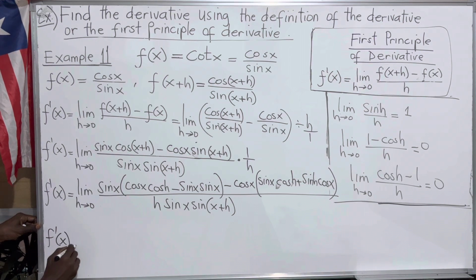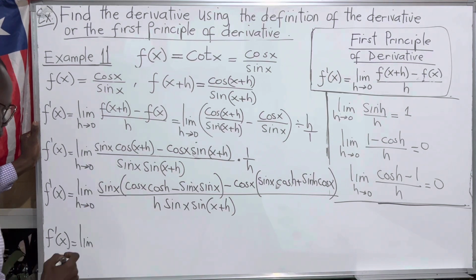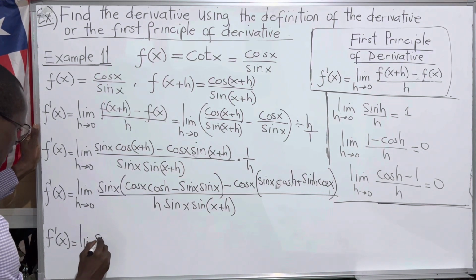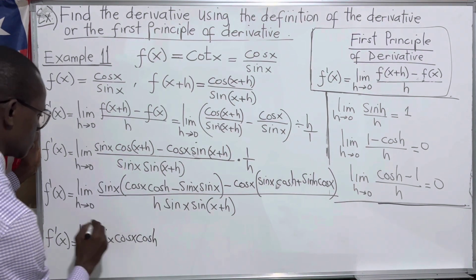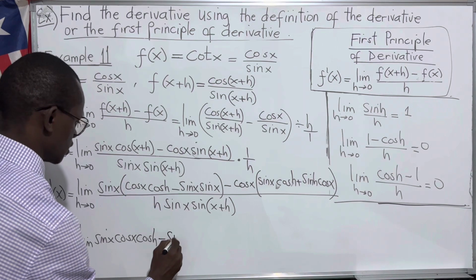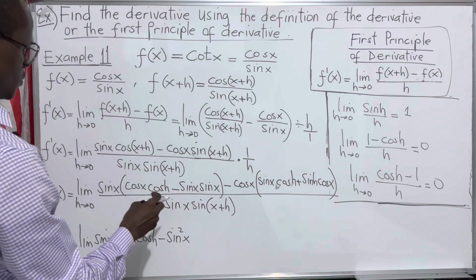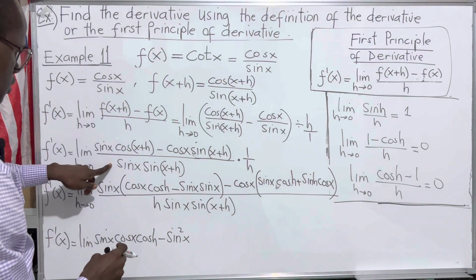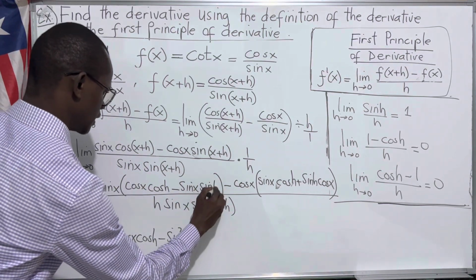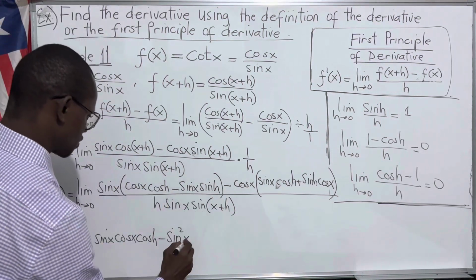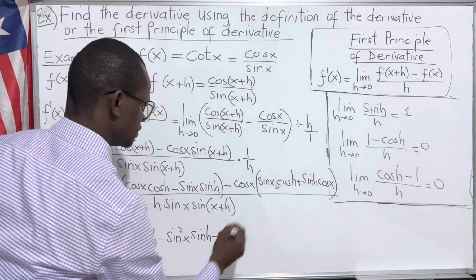So we got f prime of x equal to the limit. We can multiply. So it's sine of x cos of x cos of h, minus sine square x, and then sine of h. So this is h, not x and x. So this is sine square x sine of h, minus the same thing here.